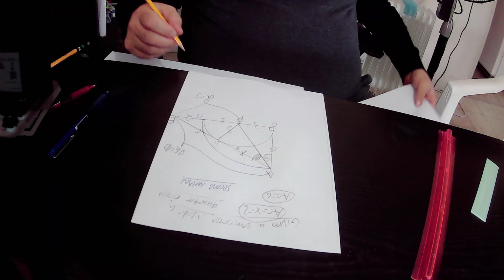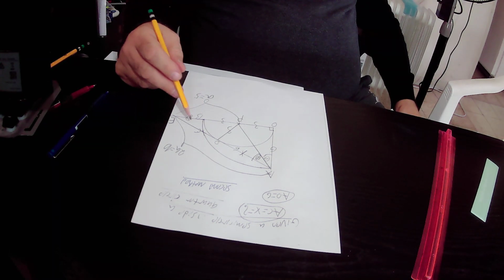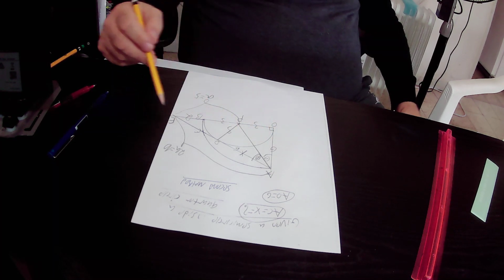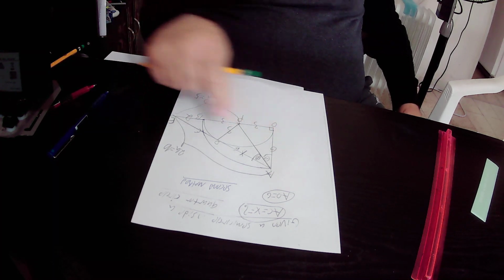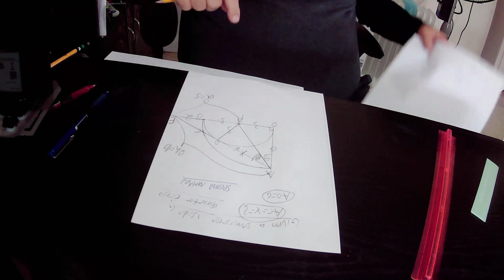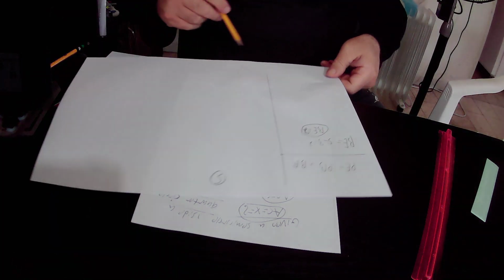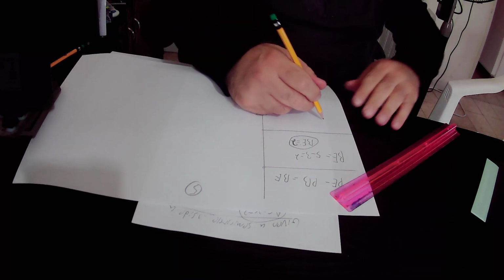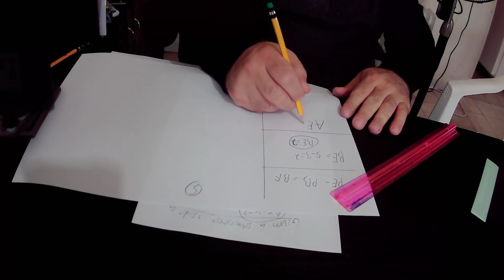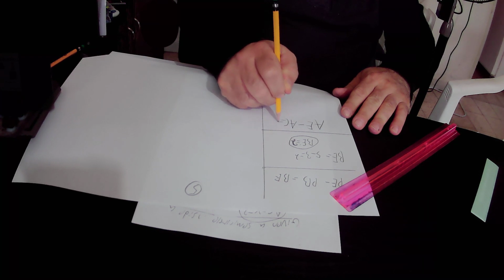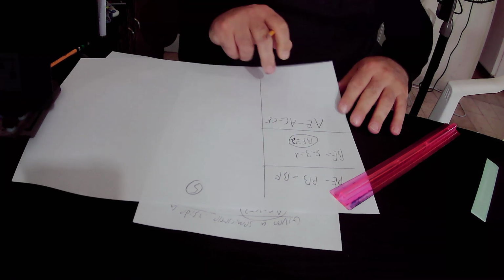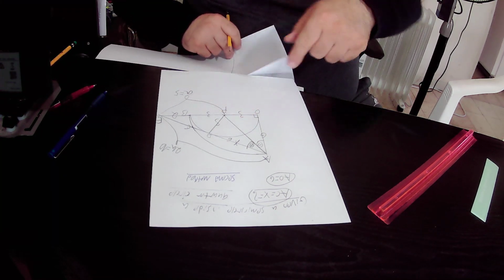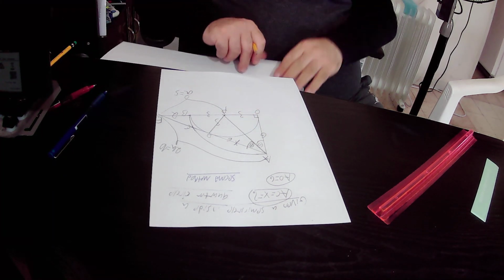And what is the length of CE? From the drawing, it is very easy to see that CE equals AE minus AC. I will write it down: AE minus AC equals CE. AE equals 10 units.